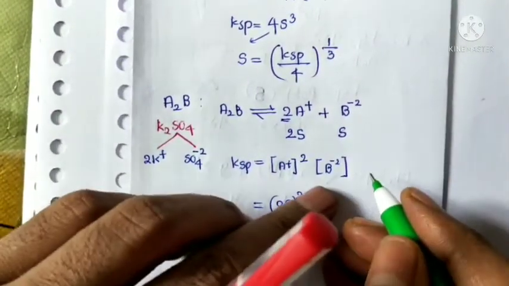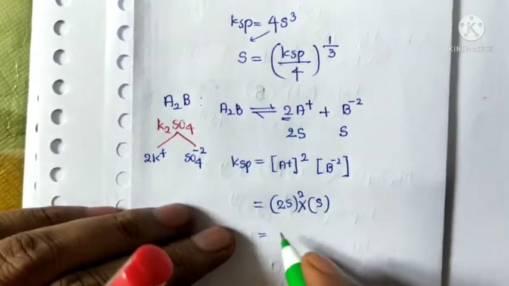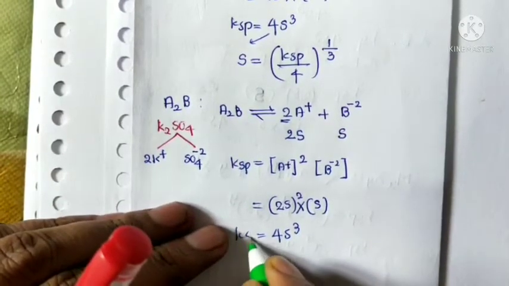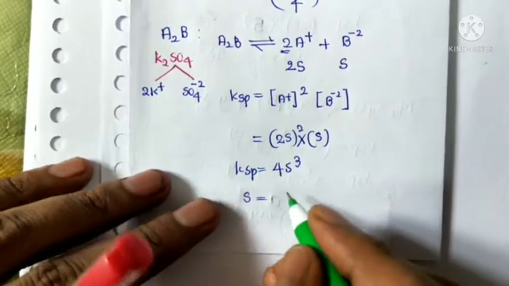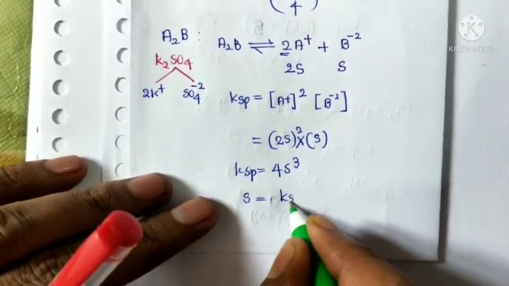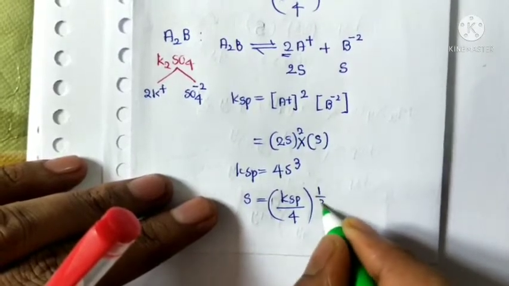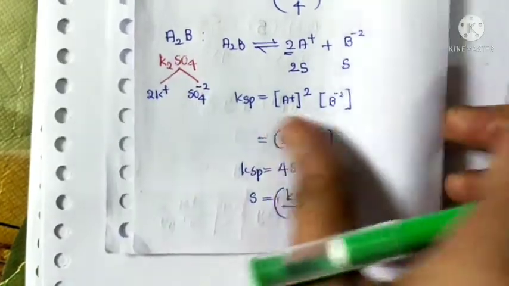Next into B minus 2, just s. So from this, 2 square means 4s cube. It is also the same KSP. So the solubility of this salt is KSP divided by 4, power of 1 by 3. Which type of salt? A2B.